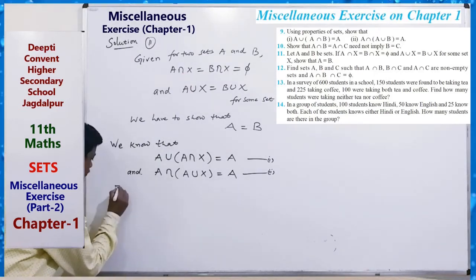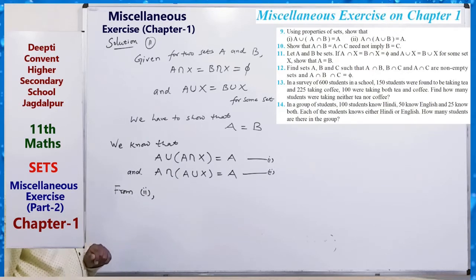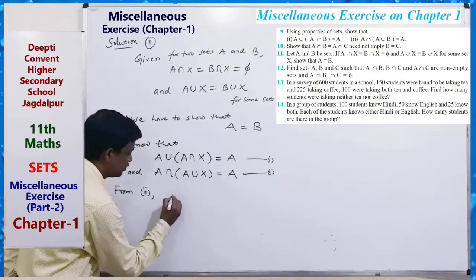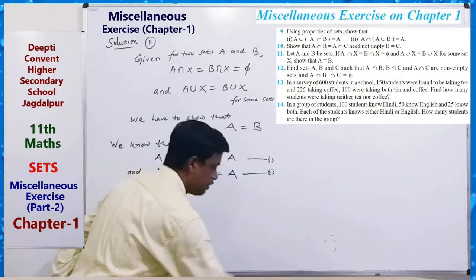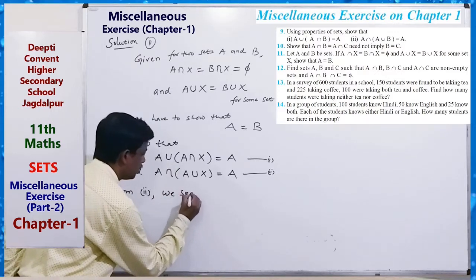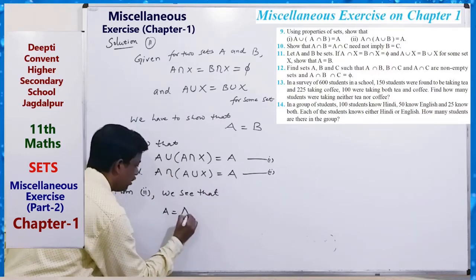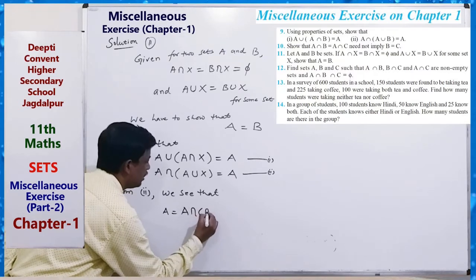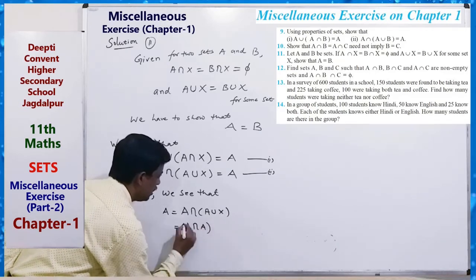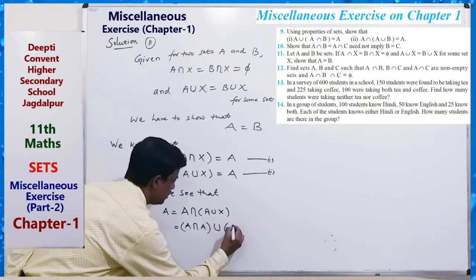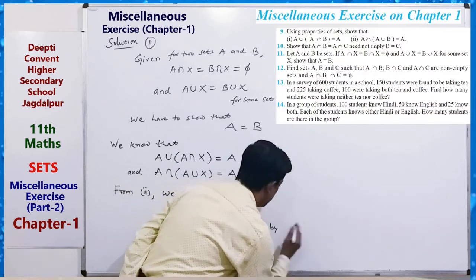Now from the second, A equals to this. So from the second we see that A equals A intersection (A union X), which is equal to (A intersection A) union (A intersection X) by the distributive law.